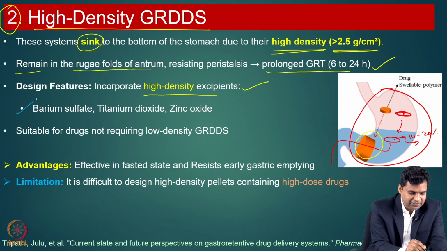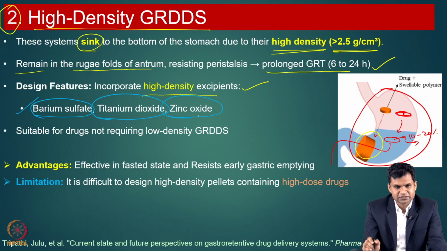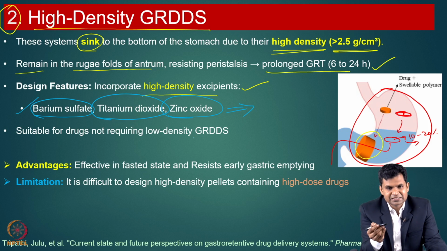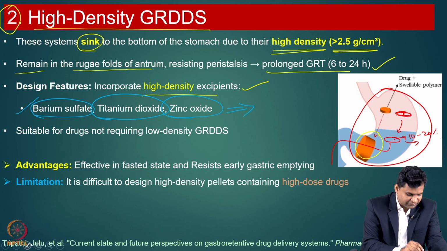The first example is barium sulphate, the second is titanium dioxide and the third one is zinc oxide. These three materials we need to utilize in the preparation of high density gastroretentive drug delivery systems.